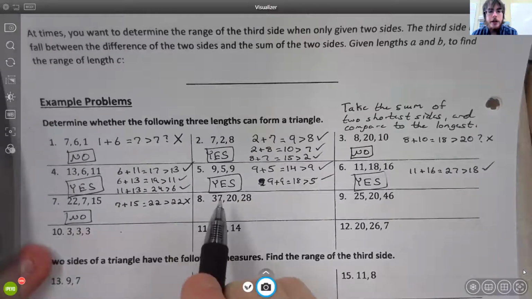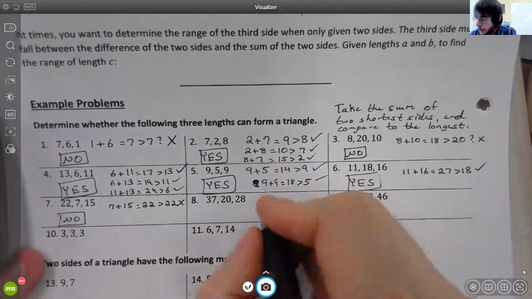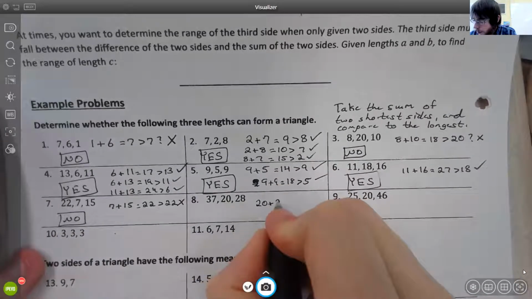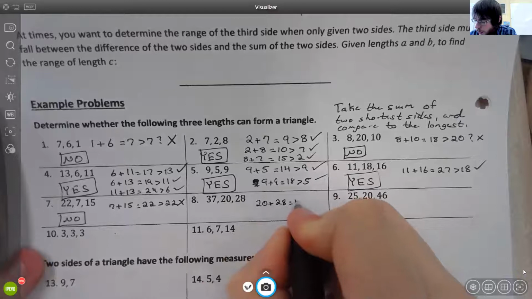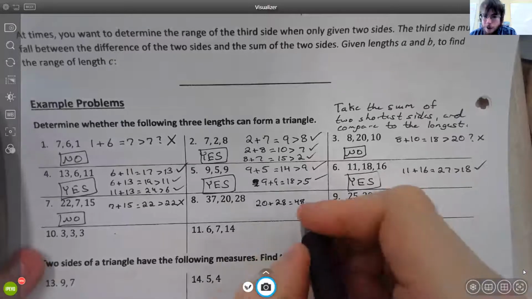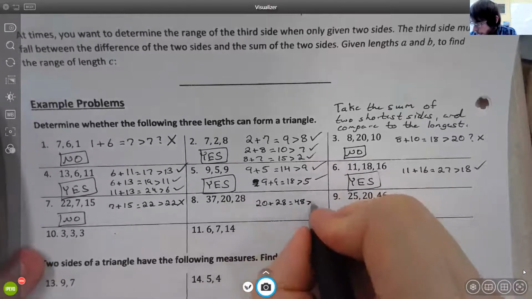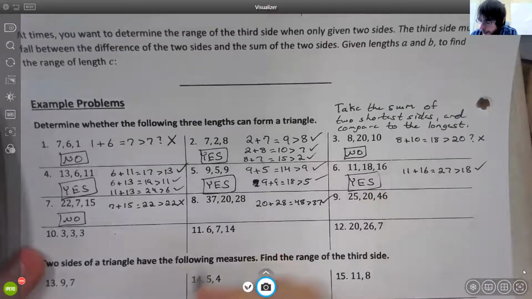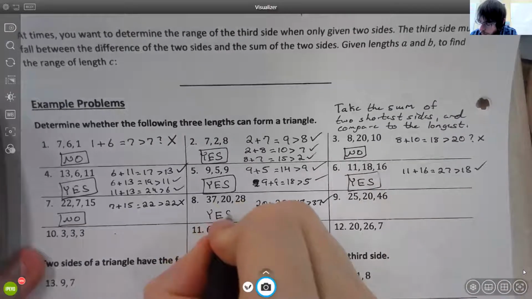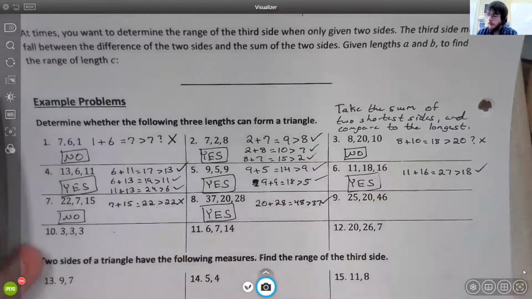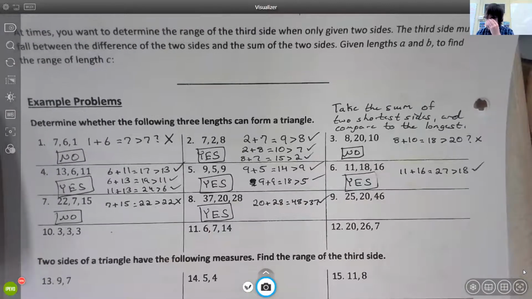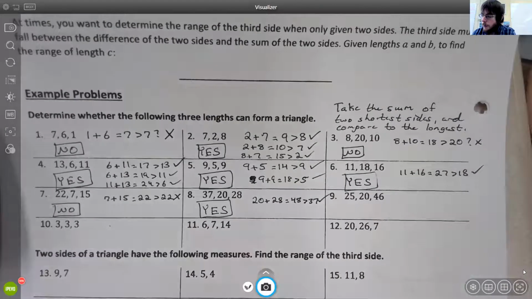Number 8, 37, 20, and 28. We take our two shortest sides, add those together. So that's 20 plus 28, which is 48. Is that greater than 37? Yes, so this is a triangle. Number 9, 25, 20, and 46.